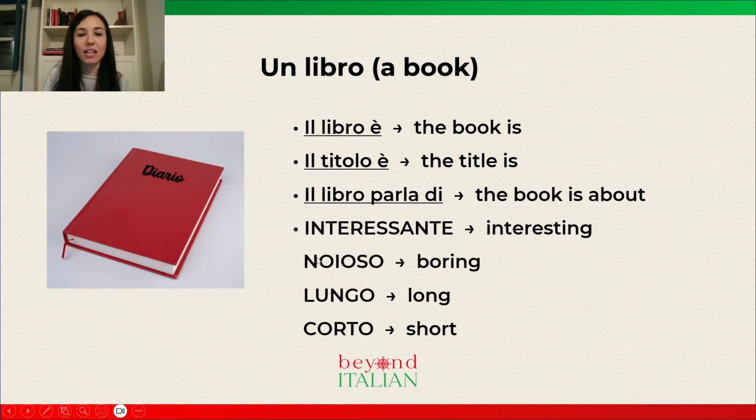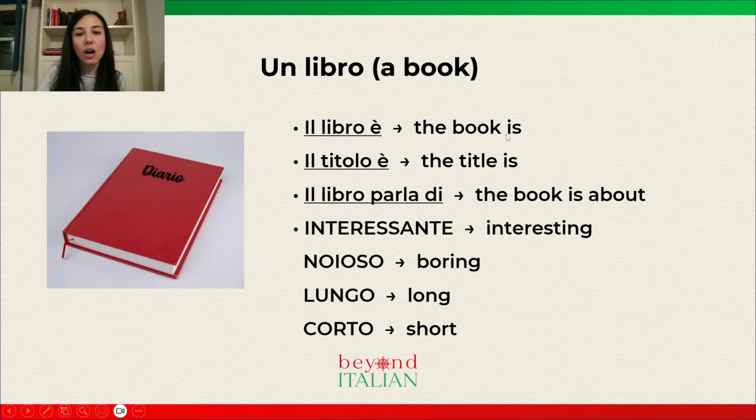And then I chose 4 adjectives. Interessante, interesting. Noioso, boring. Lungo, long. Corto, short. So now you can start the first phase of this method, that is acquire. Now you are acquiring new vocabulary.